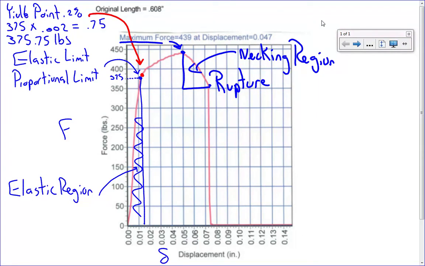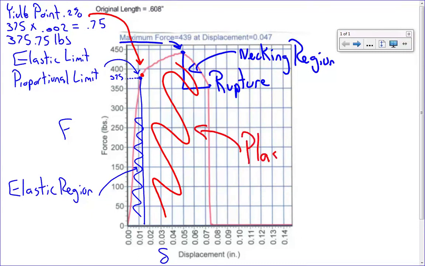And then one final thing is our plastic region. Plastic region is that area in red, and it does include the necking region.